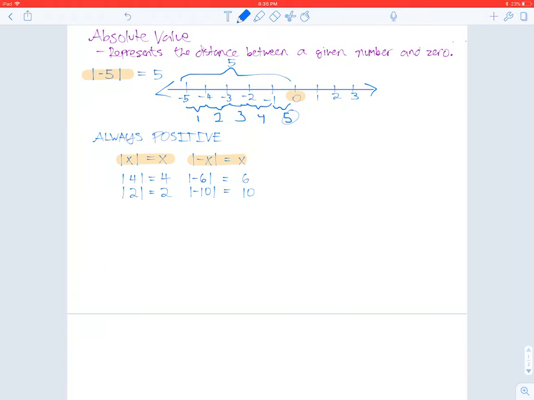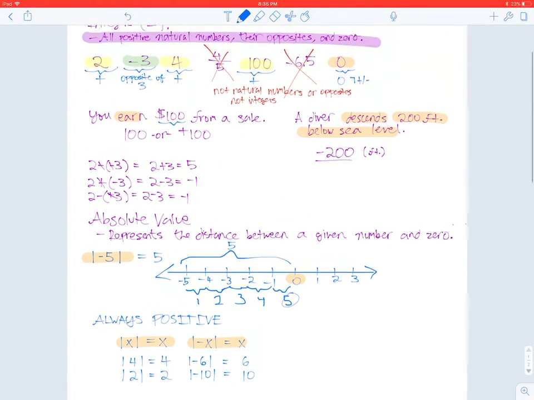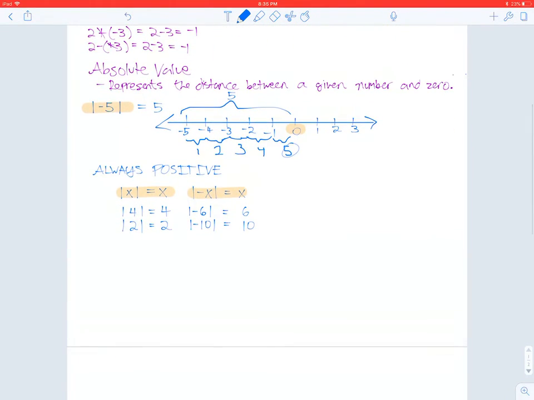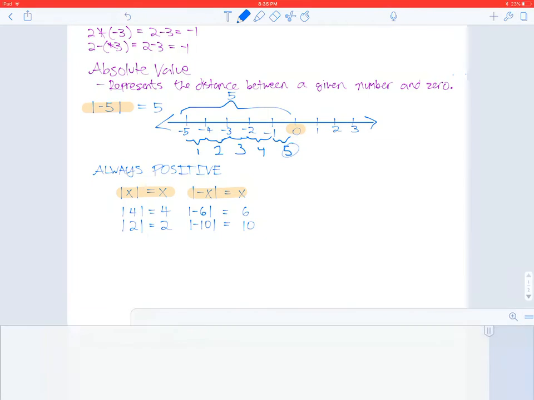So the absolute value of a positive number, or any integer, is the same as the integer itself. If the integer is negative, then its absolute value is the positive variant, or the opposite. It'll be a good idea to take that into consideration. Maybe take a note about it.